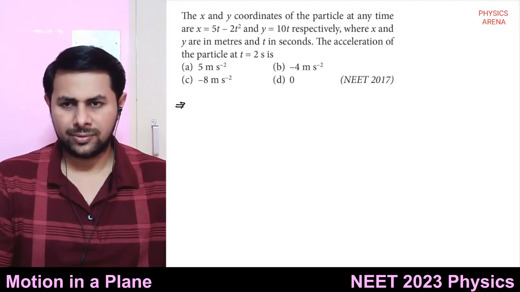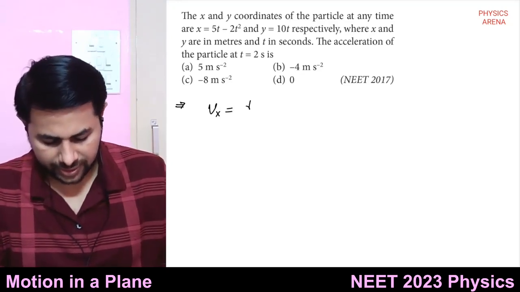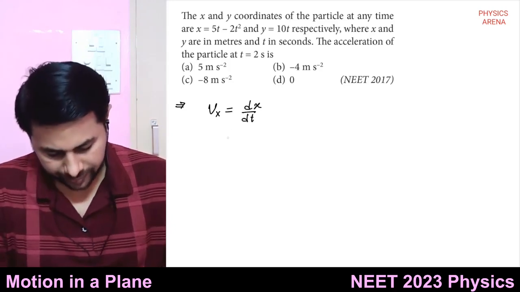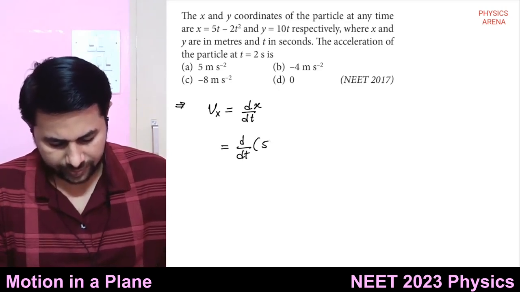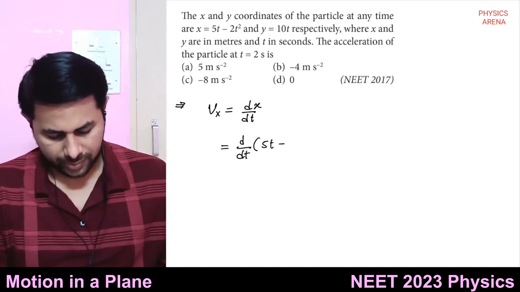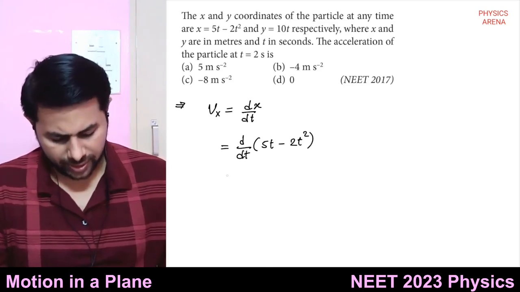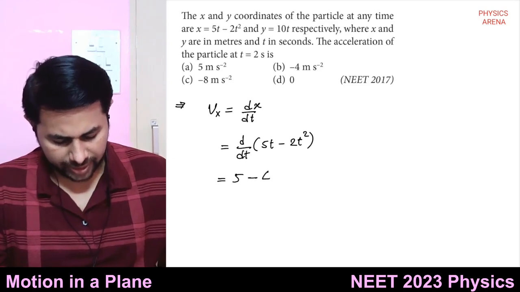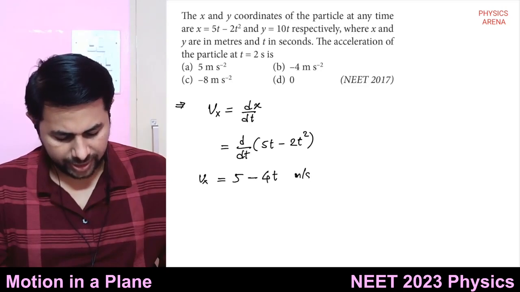First find dx by dt, that is d by dt of x. That is d by dt of 5t minus 2t square, and it is 5 minus 4t meters per second.